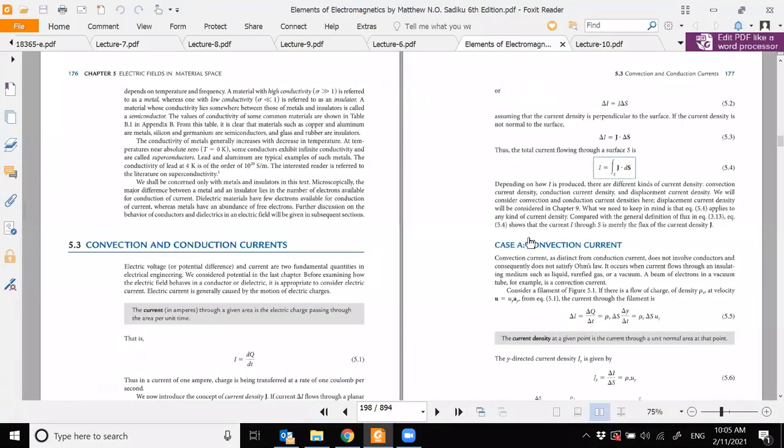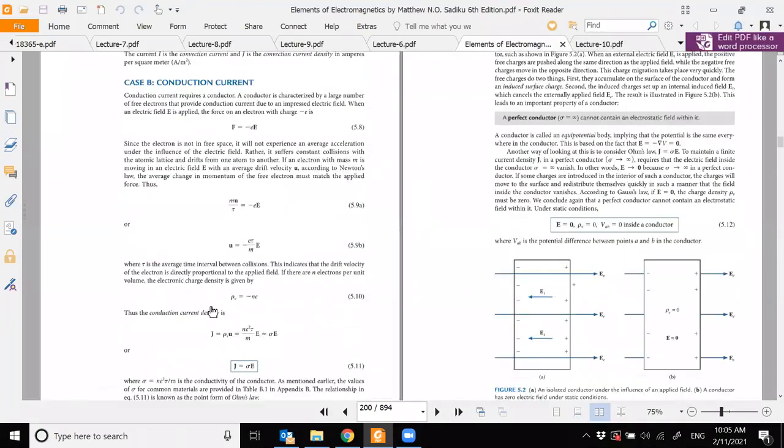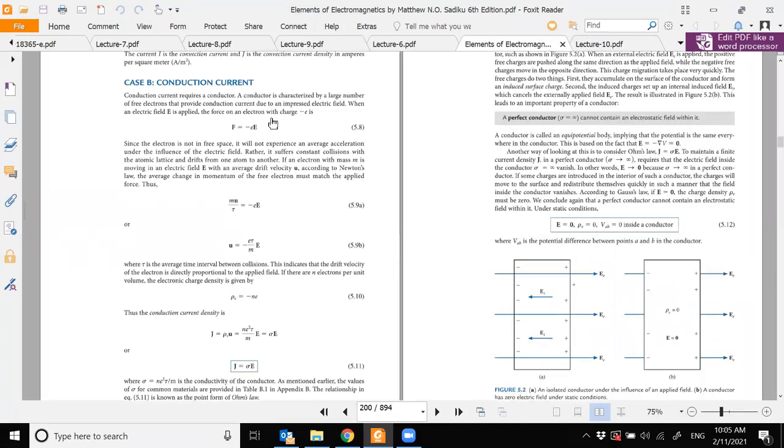You can go through this definition and this derivation here, and remember, the general expression of current density is nothing but the charge density multiplied by the velocity. Here the velocity will be the drift velocity because we are inside the conductor.